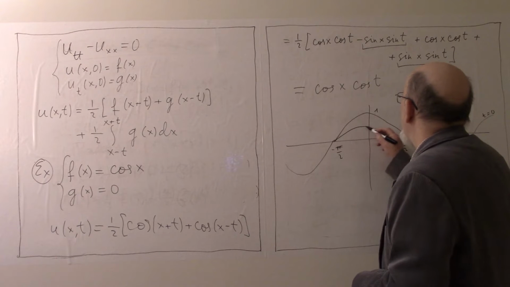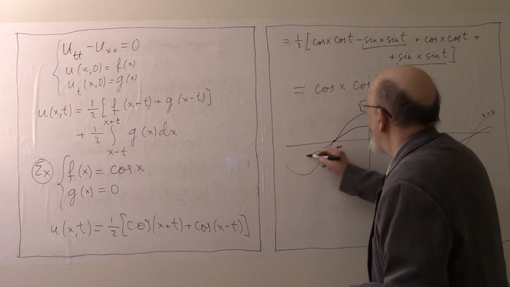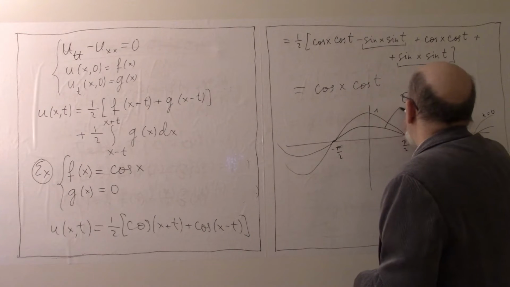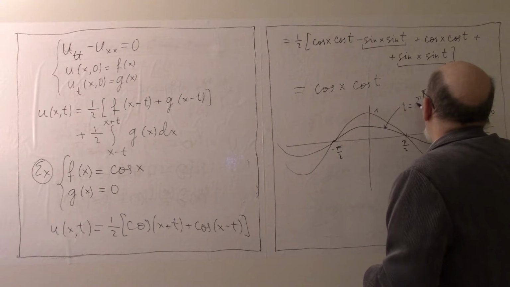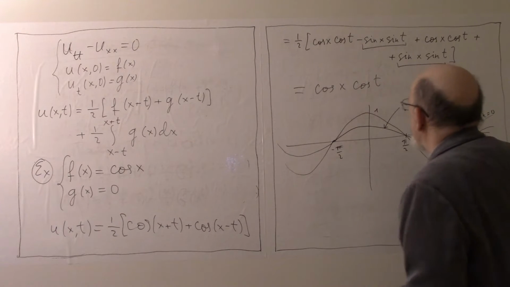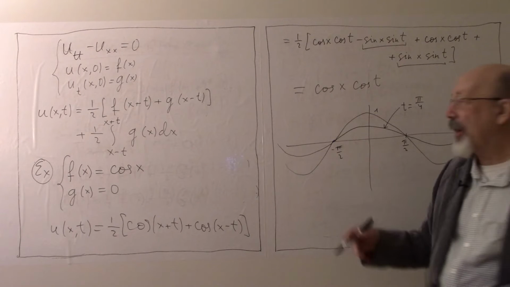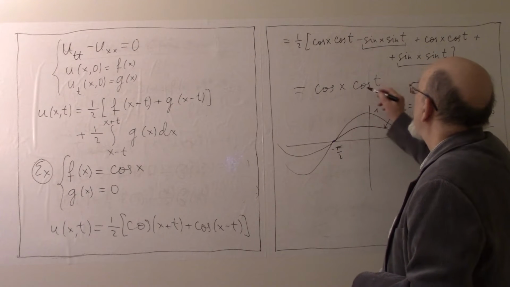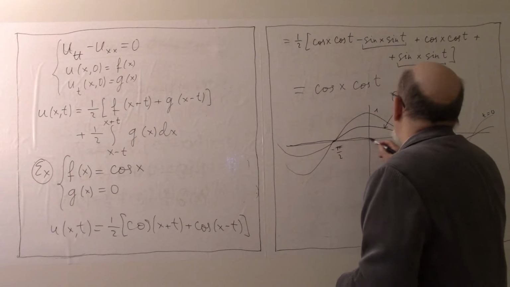So it will look like this; this corresponds to t equal pi over 4. When t equals pi over 2, this factor will be 0.